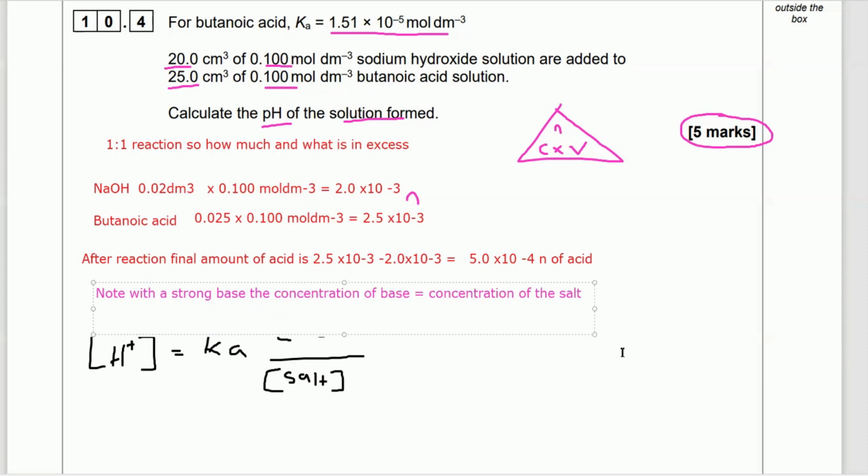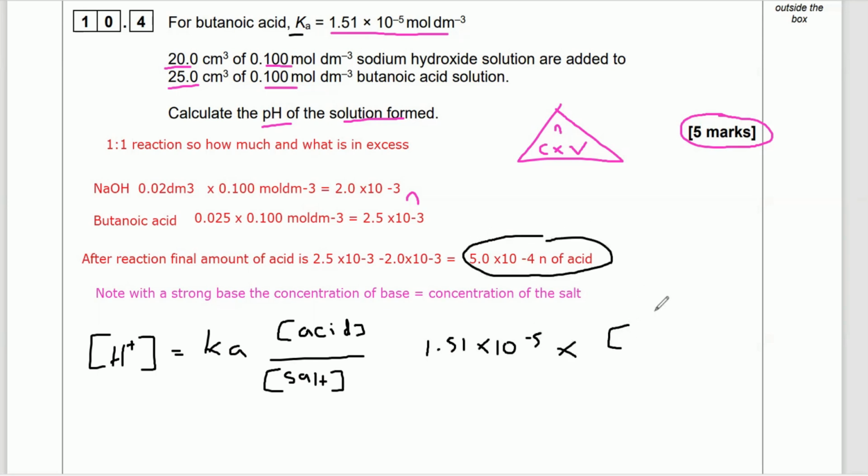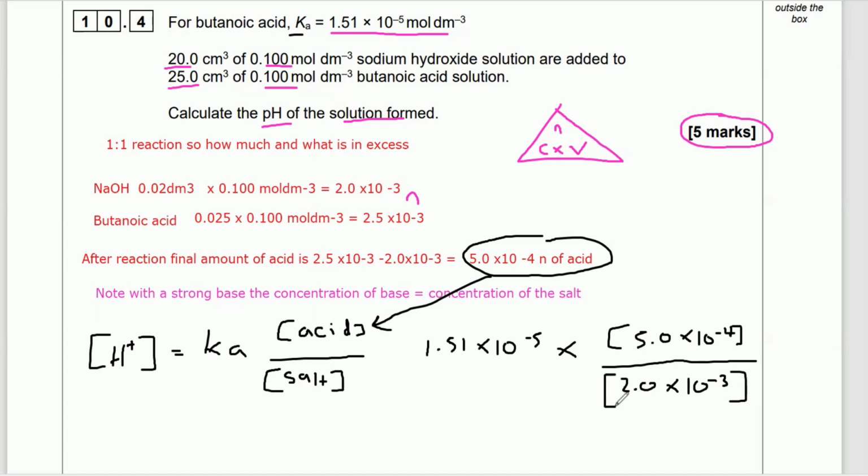In this case the sodium hydroxide is fully reacted, because we had excess acid. It's all been used up. So we know exactly how much salt we've got: 2 times 10 to the minus 3 moles of sodium butanoate, which is the salt.